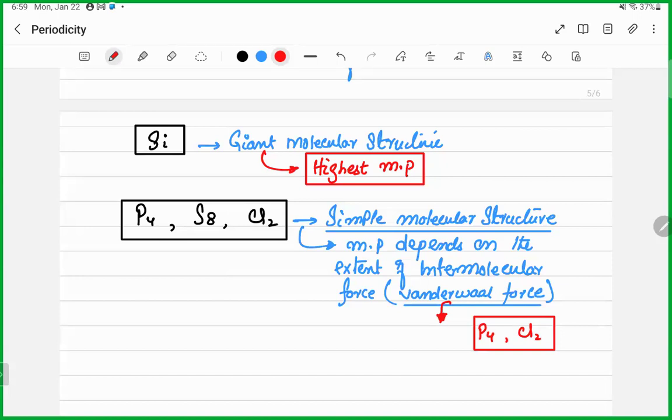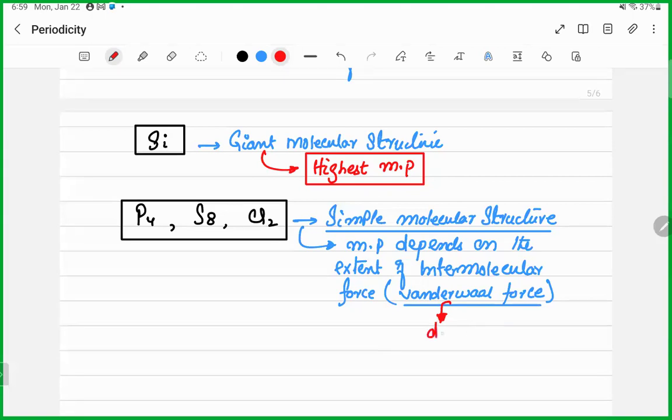Van der Waals force depends on the Mr. If you have higher Mr, you have more electrons and more van der Waals forces are present. If you remember, हम comparison करते थे ना H2 और Cl2 में, हम कहते थे Cl2 की van der Waals forces ज्यादा होंगी because it has more electrons present, and van der Waals forces is only because of the presence of electrons. ठीक है, तो यहां पर हम क्या लिखेंगे?